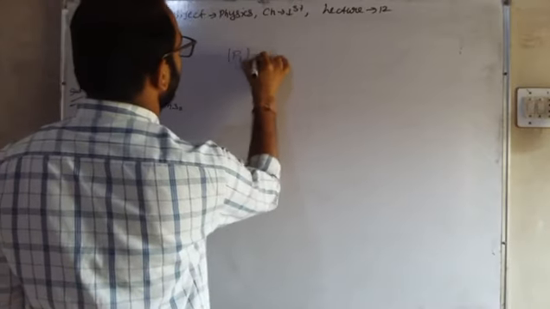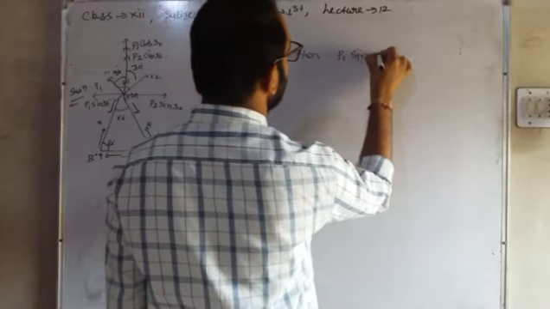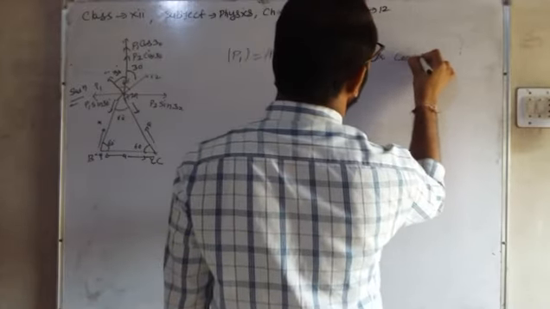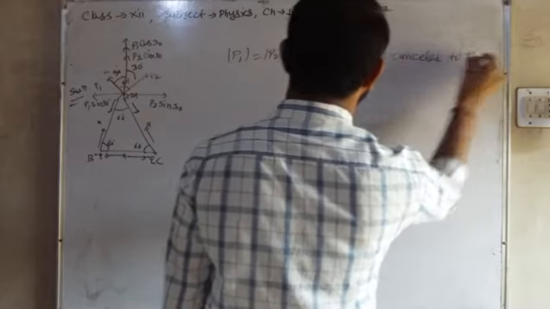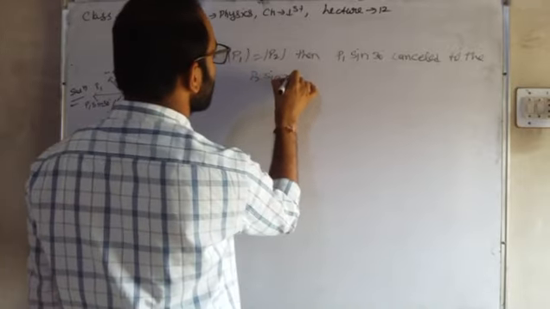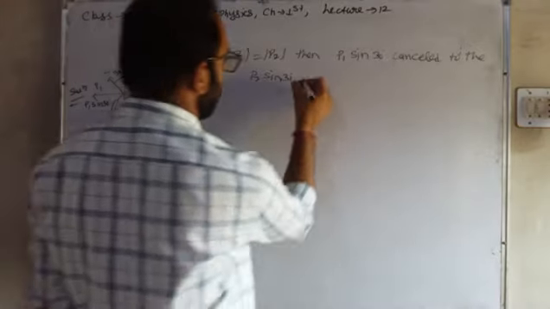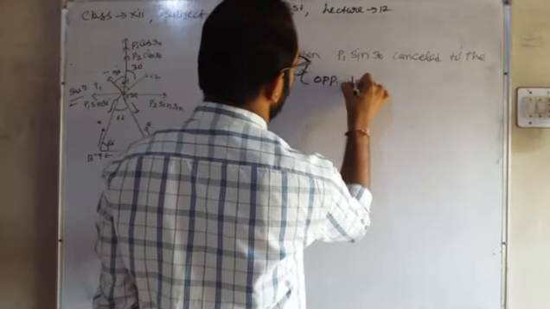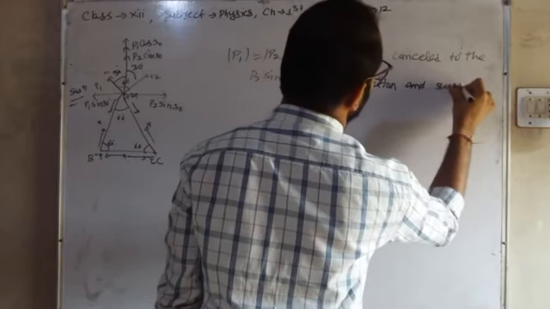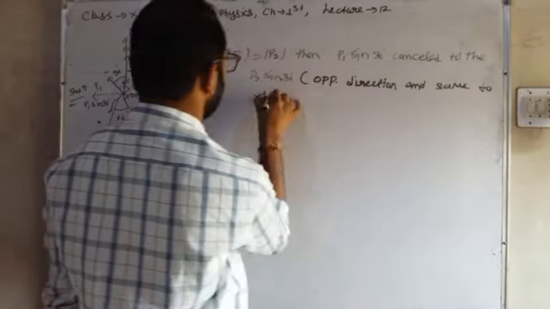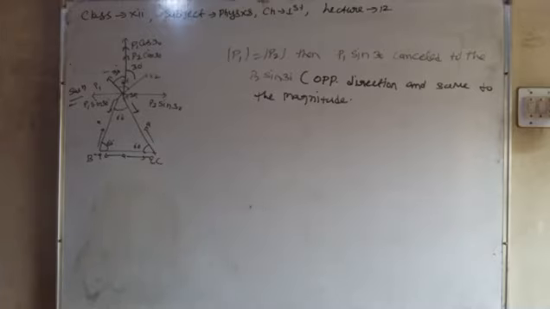P1 magnitude is equal to P2, then P1 sin 30 is cancelled by P2 sin 30, because they are in opposite directions with the same magnitude. Correct or not?